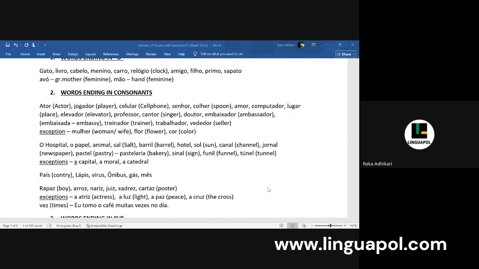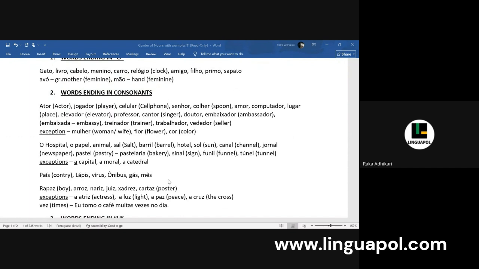Then we have lápis. Lápis means pencil. Ending in S. In the singular itself, it ends in S. So it's a masculine word. Vírus, vírus. Okay, this has an accent. Vírus is also a masculine word. Ônibus. Ônibus means, anyone? Bus. Yes, bus.